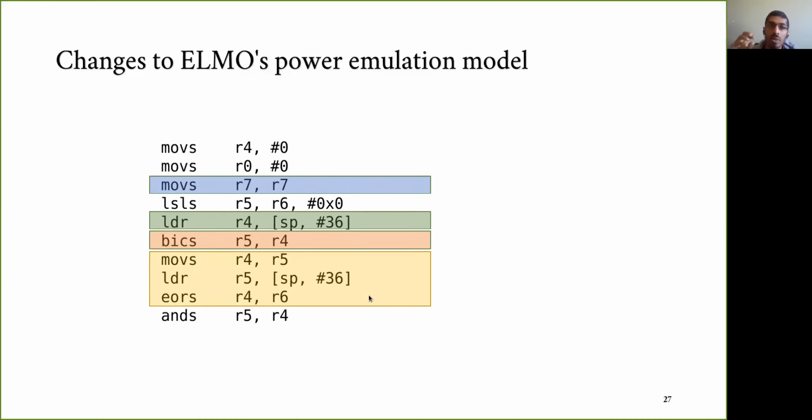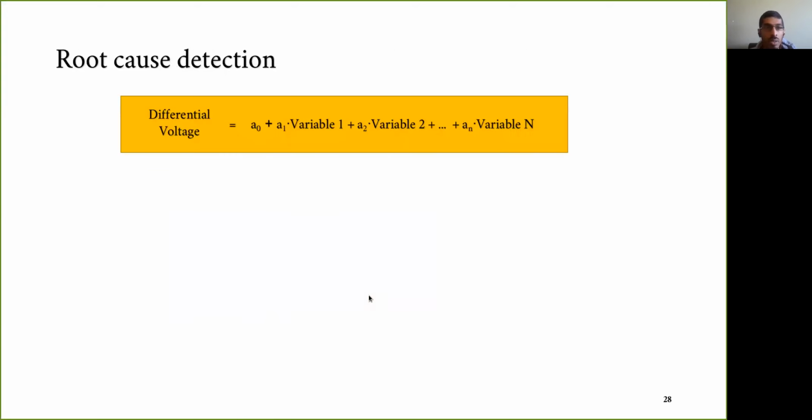We found there are many types of states, so that's why I showed them in different colors. All of these states feed into the middle instruction, and the middle instruction's emulated power is dependent on all of these instructions. So we added this to the power emulation model, and this is how our system detects root cause.